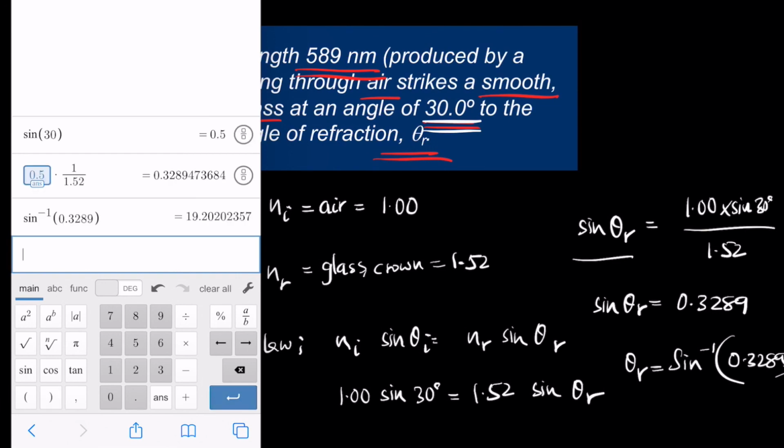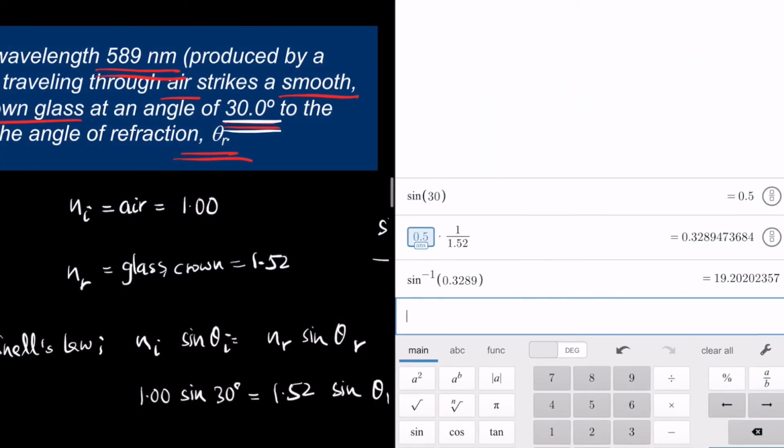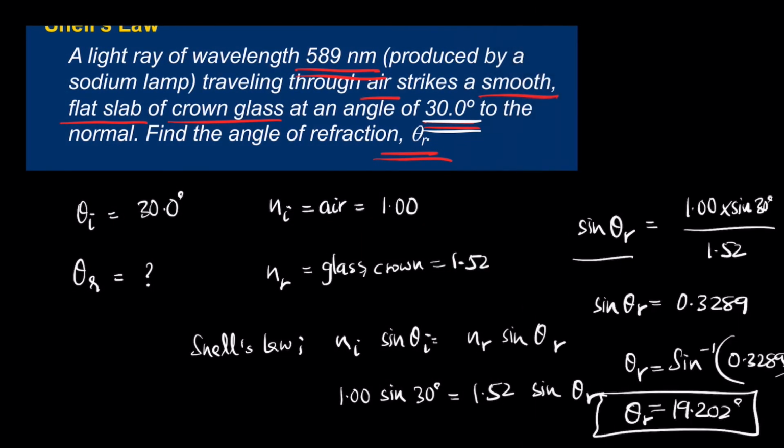That gives you a value of 19.202 degrees. This is theta R. So the angle theta R is 19.202 degrees. This is how you can use Snell's law to calculate the value that they've asked us.